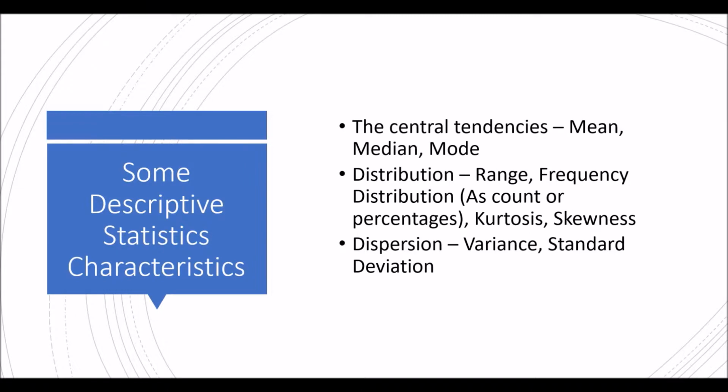There are several ways to conduct a univariate analysis, right? You can use the central tendencies like mean, median, mode. You can use distributions like range. We can find the frequency distribution, kurtosis and skewness. And you can find the dispersion of the data like the variance, the standard deviation, etc.